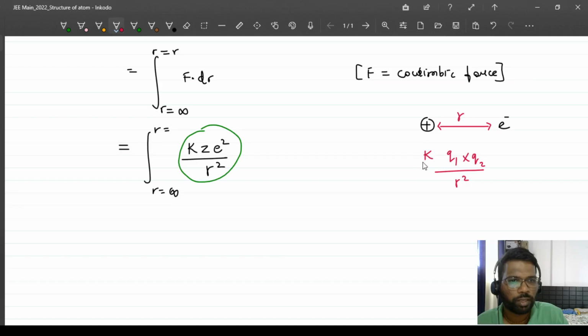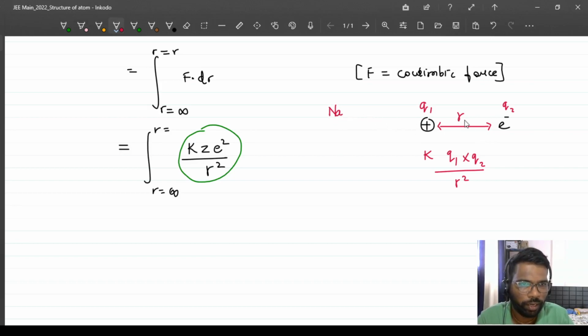So let's say this is my Q1 and this is Q2. What would be the magnitude of the charges? The nucleus has protons, and here is one electron. Let's say I take a sodium atom, Na.